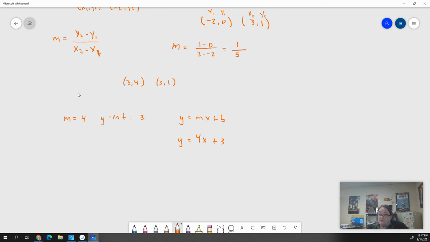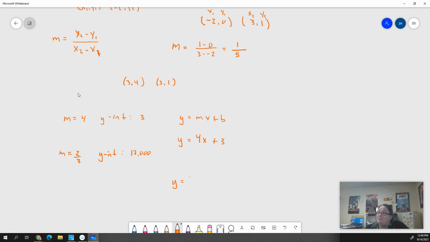Easy enough? So given m equals 2/3 and y intercept equals 17,000, just for fun, I could write the equation of this line.